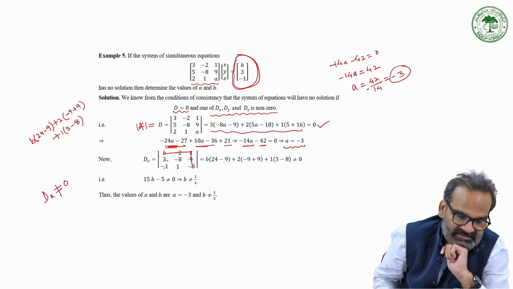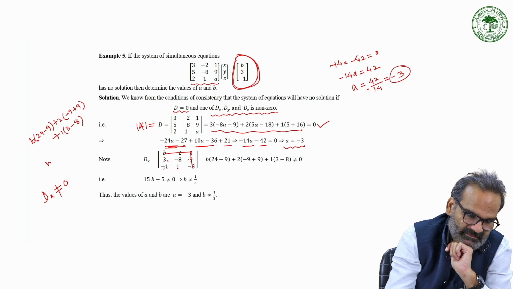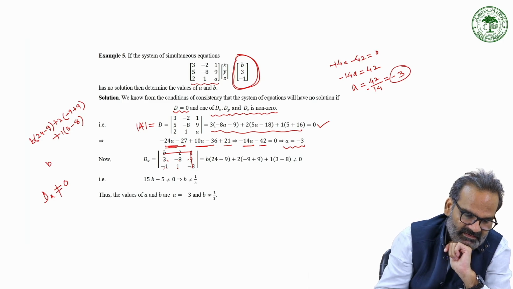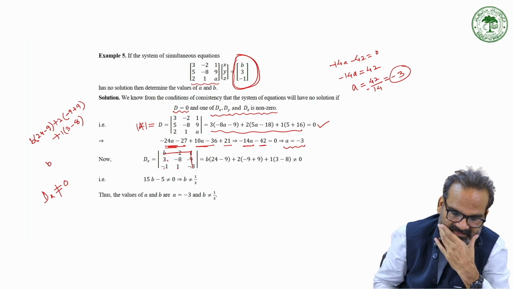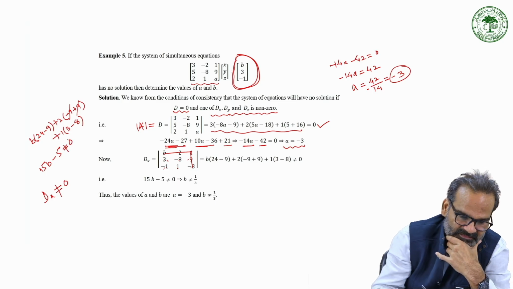And simplify this, what will you get here? This b, 24 minus 9, you will get 15b, right? So 15b, minus 9 plus 9 will cancel out. What is left here? This will cancel out. 8 minus 5 minus 5, this must be non-zero.